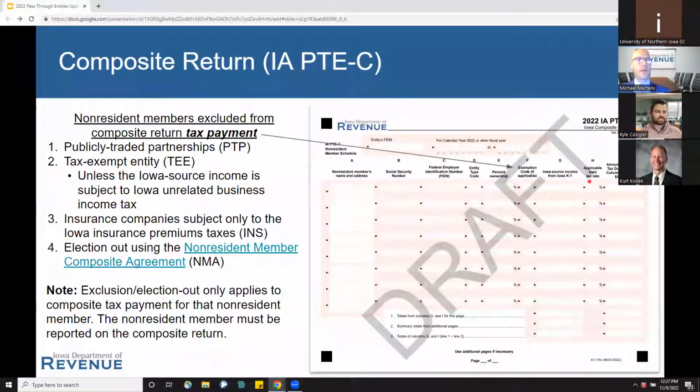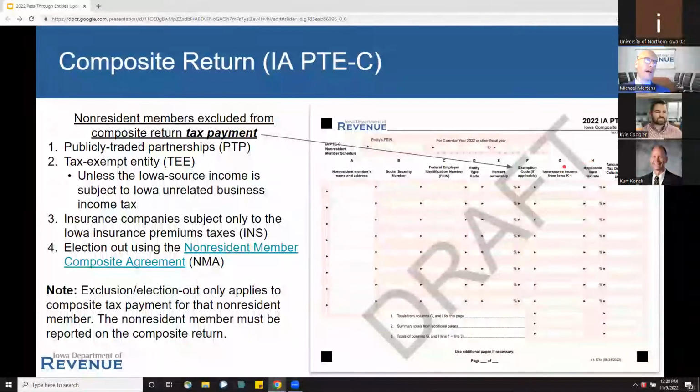Then another piece to point out here is if your non-resident member is a financial institution subject to the Iowa franchise tax, but it also happens to be organized as a pass-through entity, Iowa law says that you use the franchise tax rate in column H to determine that member's composite tax, not the individual income tax rate.